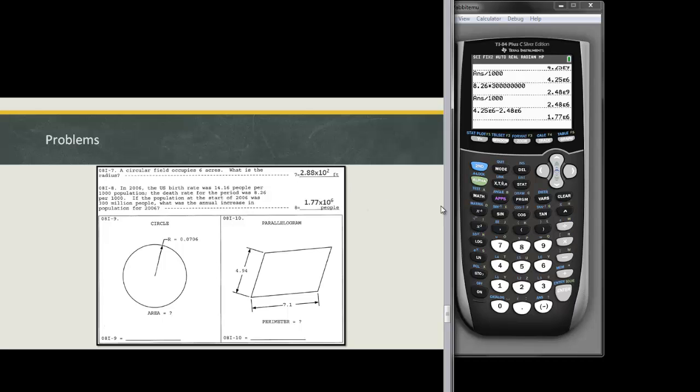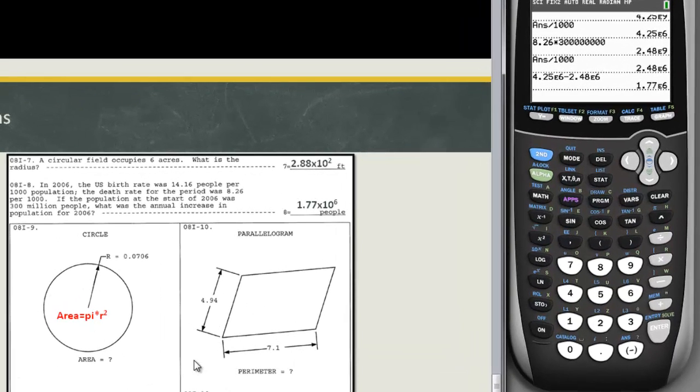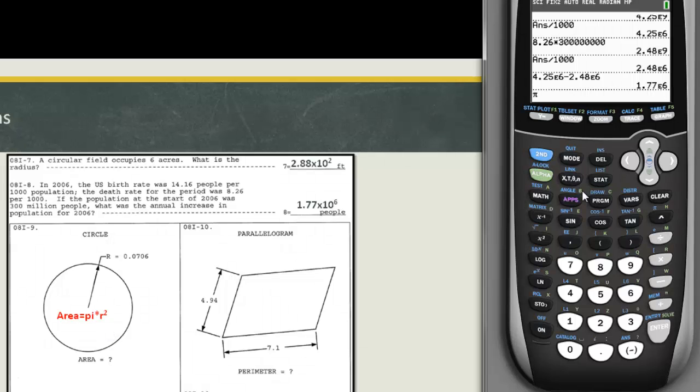Okay? Now, number 9 is kind of like number 7 in a way, because we're both talking about the area. The area is, again, pi r squared. It wants to know the area of the circle. So this one's pretty simple. I know it gives us pi, so in my calculator I'm going to hit second pi. Then when they're next to each other, of course we're multiplying. That's what the little star right here is for. So times r.